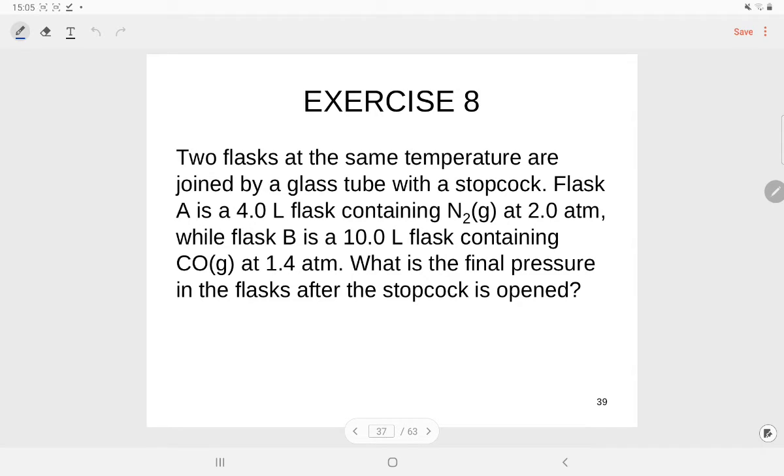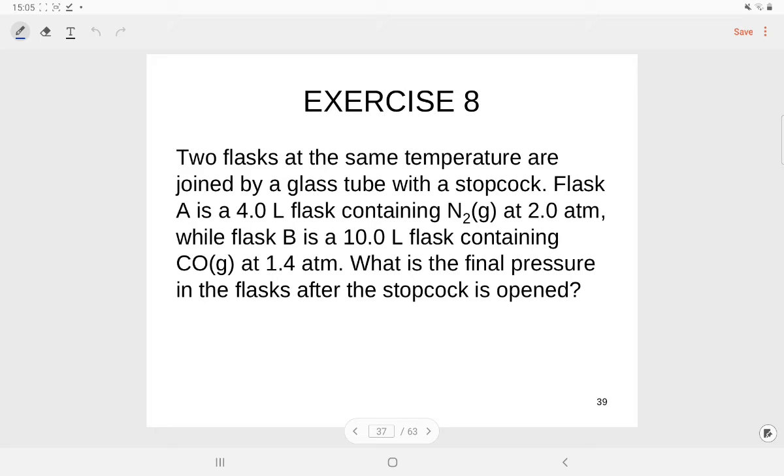Okay, as an exercise, try to answer question 8, which is about the same as the example I gave you initially, about the gases in round vessel A being separated from round vessel B by a valve.